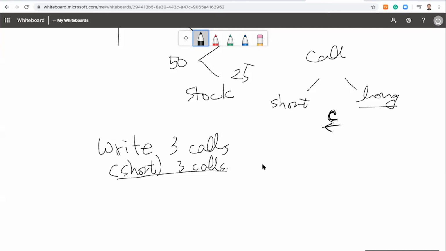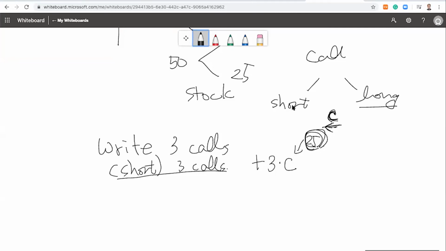So from the cash flow point of view, I can get 3 times C. It turns out C is 25 later, but at the beginning we do not know this value. But, well, let's suppose it's $25.